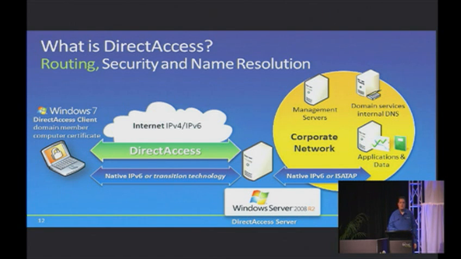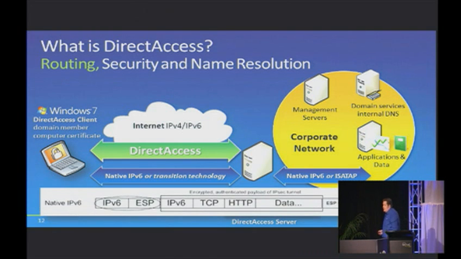Great. Why are we using IPv6? Well, IPv4 addresses are running out. We have to do something. If you look at the packets, it's good to point out that they are encrypted by IPsec. There's no IPv6 tunnel. There's a tunnel mode for sure, but each and every packet is encrypted and authenticated by direct access.